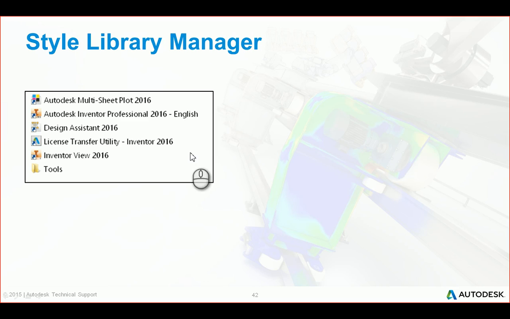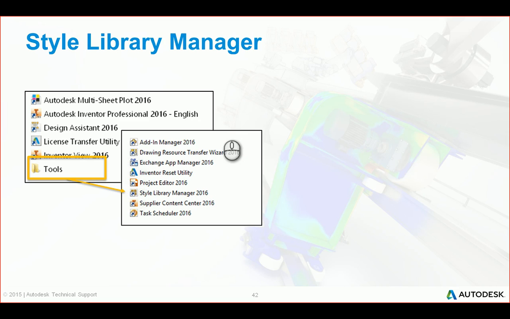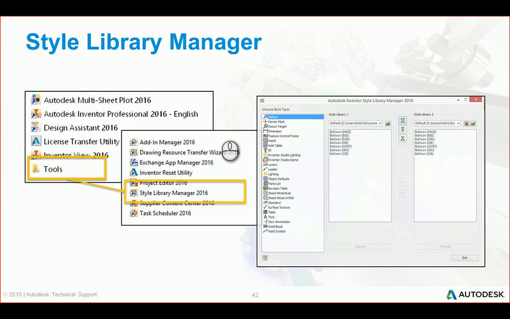Style Library Manager. The Style Library Manager is in the Tools area, and this is a handy little tool. You can migrate styles, you can compare two different design data folders, and it's going to show that this style is defined in one and not in the other.